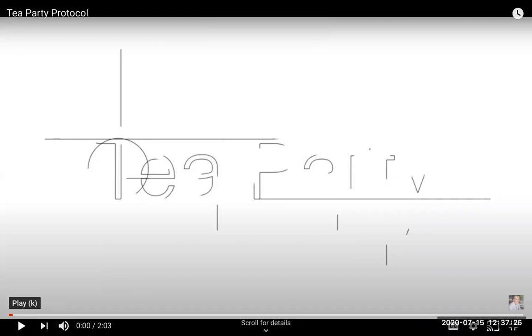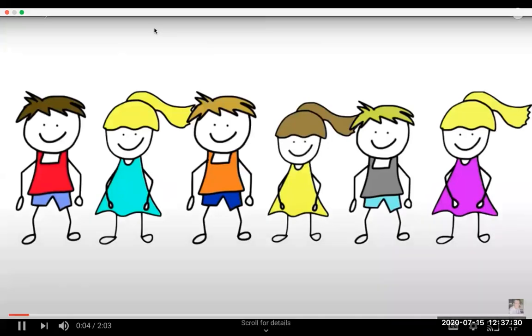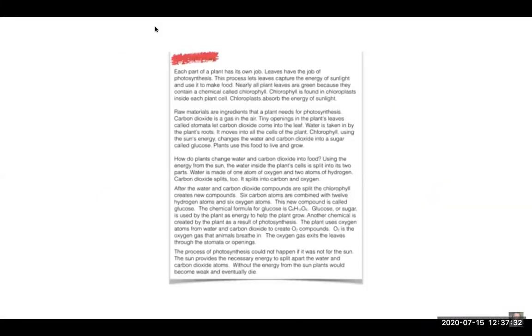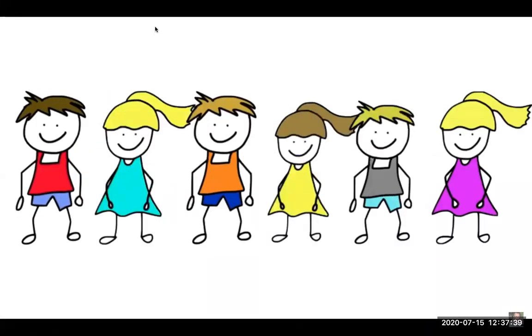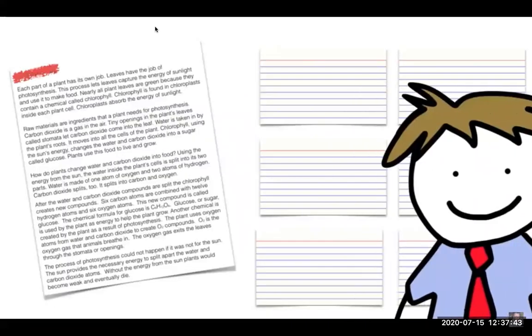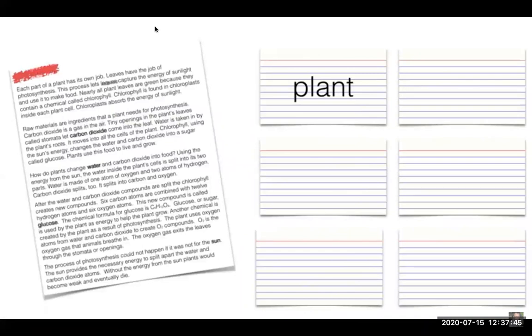the activity. Tea Party. Today you are going to read a text, but the topic of the text is a mystery. You and your classmates are going to try and figure out the topic by using clues. Before today's class, your teacher took parts of the text and copied them onto index cards.